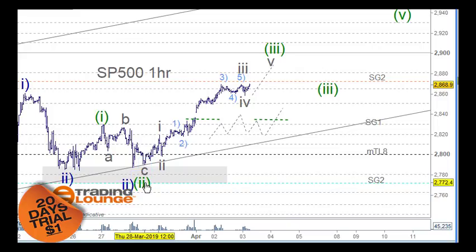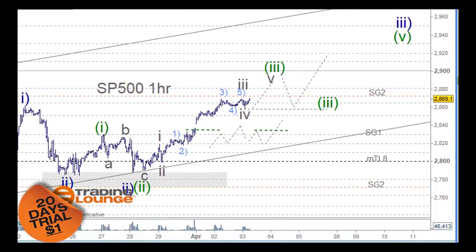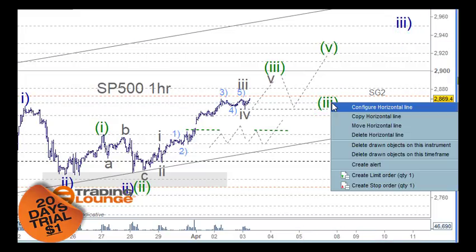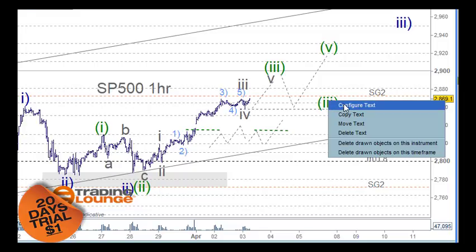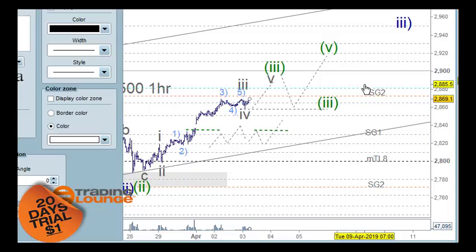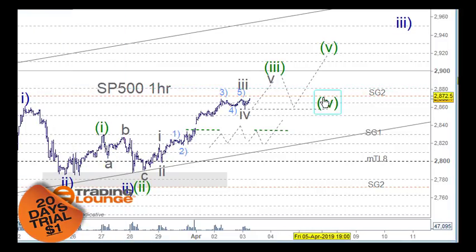Now if that's the case, then we'll pull back to the wave 4 of 1 lesser degree, and then we'll have another move to the upside here for wave 5 of 3 here. This wave 4 will pull back in 3 waves, and then that becomes wave 3 here.